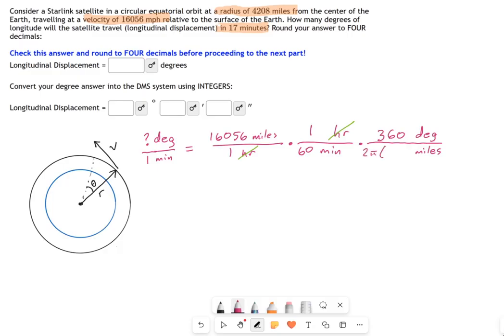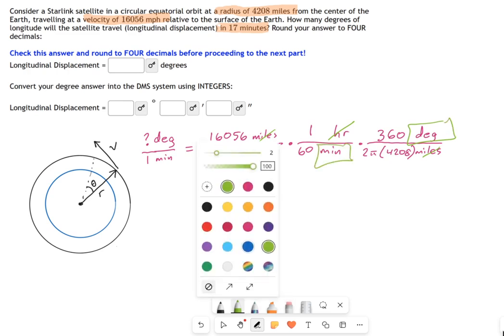That's 2 pi times 4,208 miles. Okay, that's how many miles around the circle is. So there we go. I've got my equation. Look what cancels out now. It's going to be miles canceling out with miles over here, and all that's left is degrees on top and minutes on bottom, and that'll be our answer for the first part.